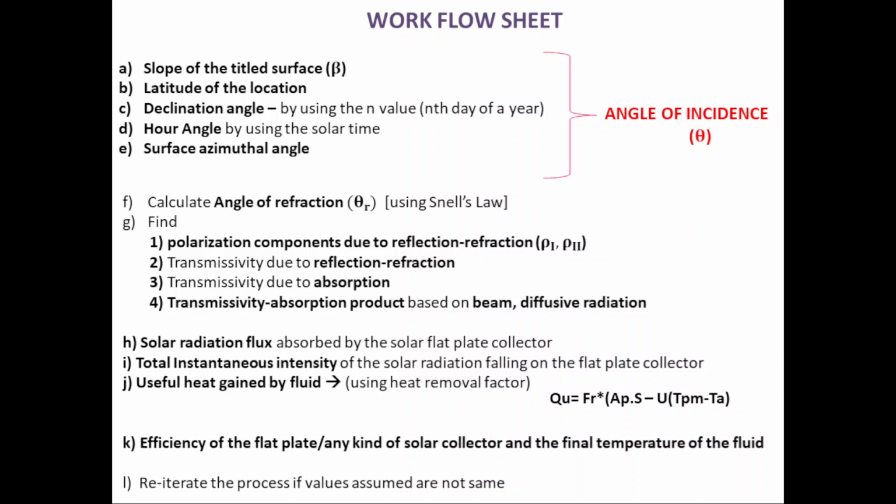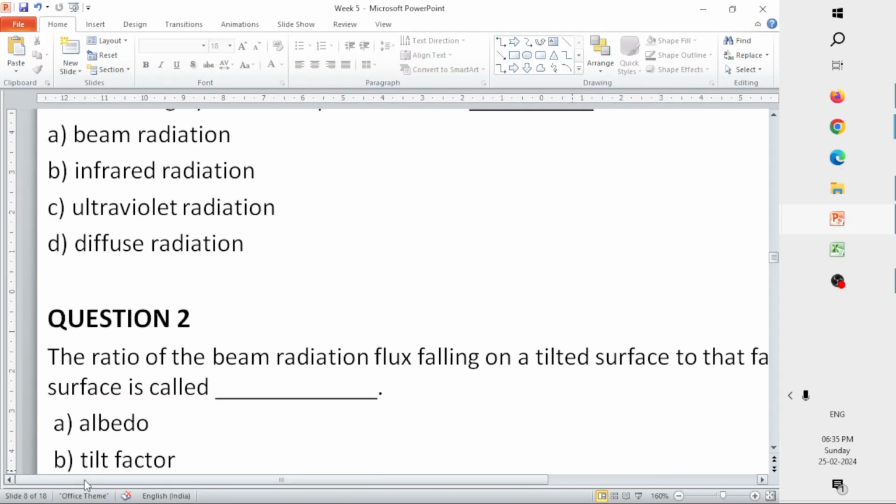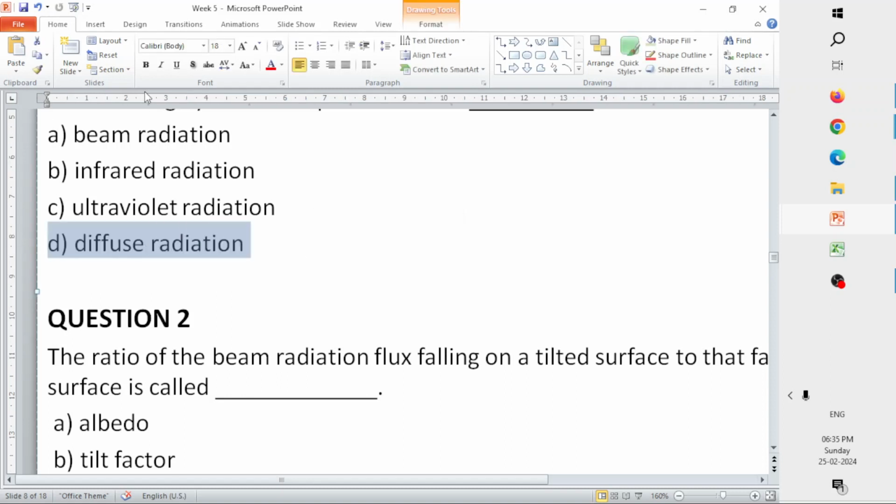Since we cannot account for every single radiation that falls at a different angle, we take a reference with the theta I value as 60. So diffusive radiation is nothing but the radiation that changes its direction due to the scattering by the atmosphere. So the answer to this question is diffusive radiation.